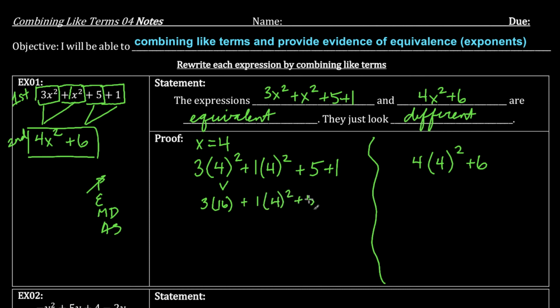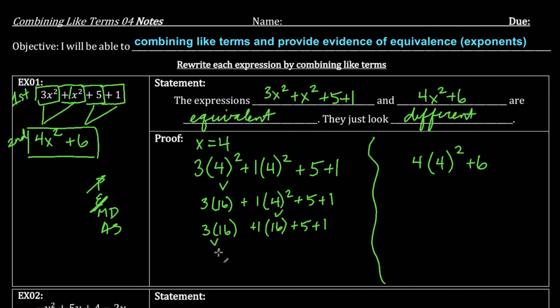Now I'm still not done. I still have an exponent here. Positive 4 times positive 4 is 16. Now I'm going to do my multiplication. So we're done with the exponents. Multiplication, division, left to right. I'm just going to do both of these at the same time in the same line.